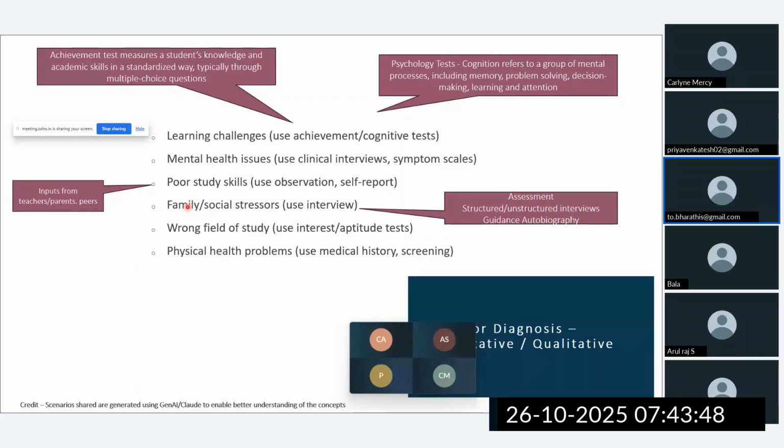Whether family issues or social stress, we can assess using interviews. And if he really doesn't like the subject itself, that's why he's not performing, we can try to understand with an interest inventory or informal interviews also, right? Informal conversations also, or any physical health problems, whatever it is. These are the different ways. What we can use is something we'll cover after these individual topics.